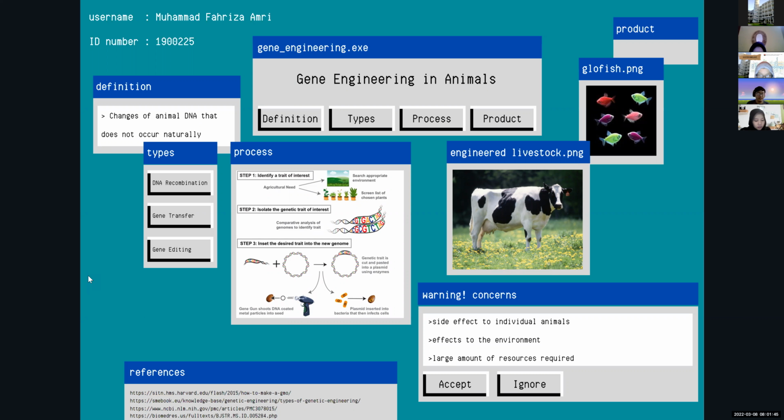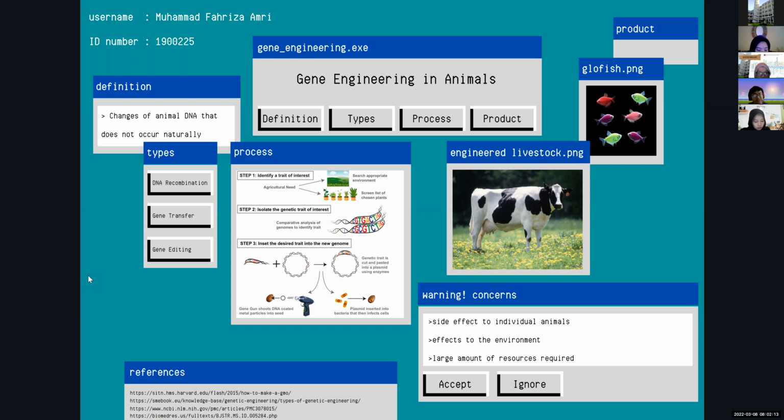So let's say you pick the gene from this animal, and then also from that animal, and then you put it into a vector, which is probably going to be a virus, and then you put them together, you inject it into your desired animals, and then that animal will start producing the traits that are inside of that genetic material.